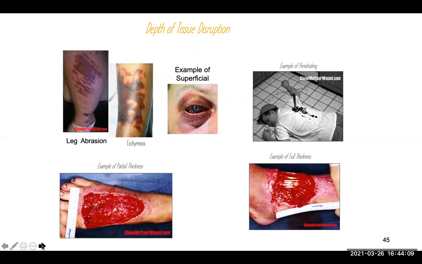In the picture on the left, partial thickness. In the picture on the right, you can see that it goes way below, into what looks like tendon, or bone, I'm not sure. It looks like a tendon, so it's definitely a full thickness wound.